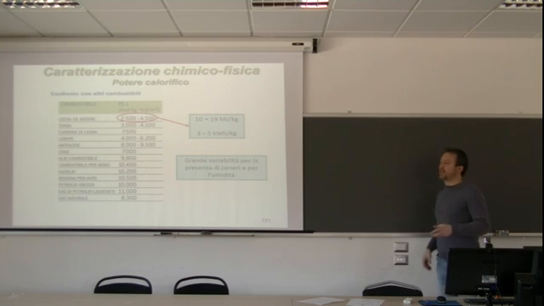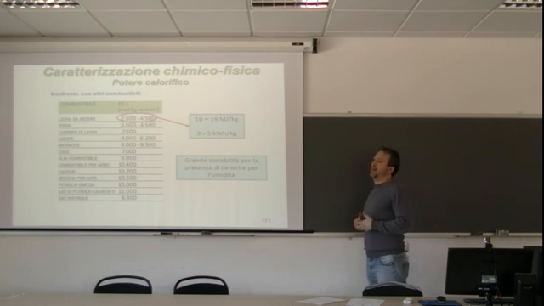Of course, biomass has a lower energy content, and this is the reason you can't move biomass for long distances, because you lose a lot of energy, because the energy in volume is very low.